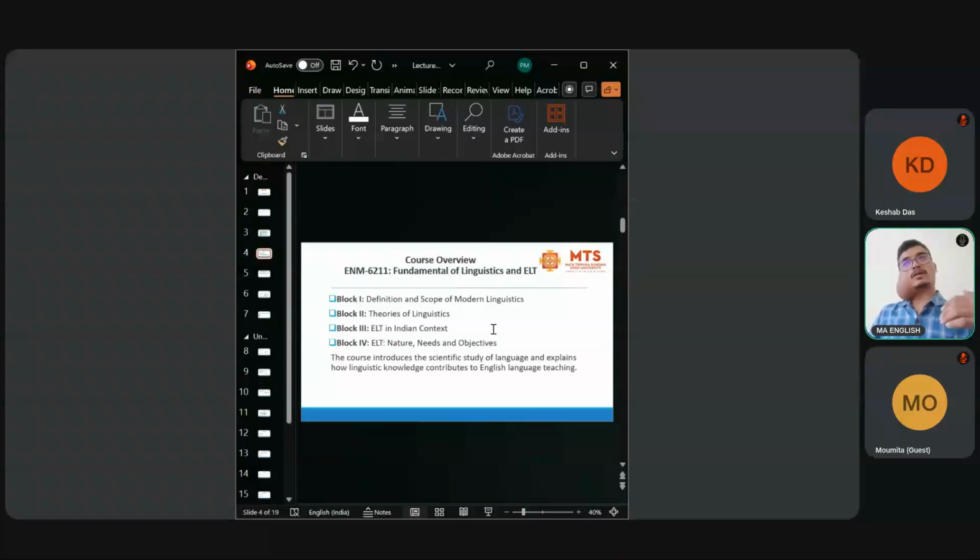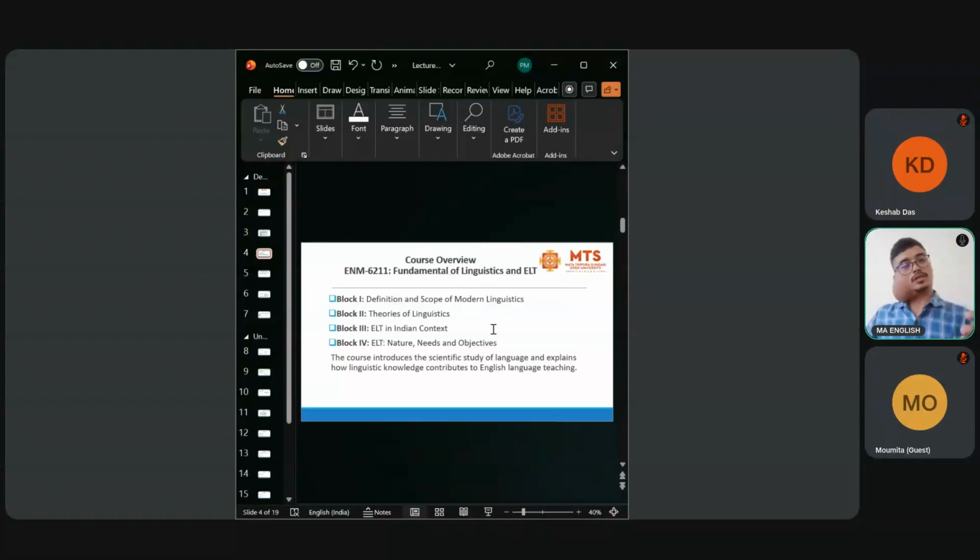We're not talking about British English or American English, but from the Indian context. What is ELT? We shall be discussing that. And then in block 4, we shall also discuss the nature, needs and objectives of English language teaching.